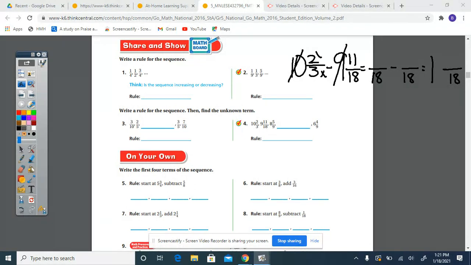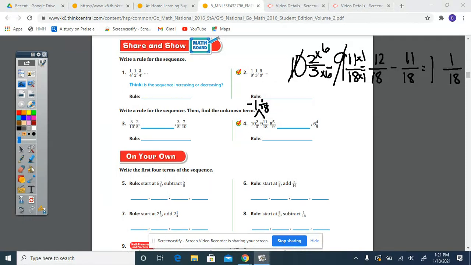And you're multiplying 3 times 6 to get 18, and 18 times 1 to keep it 18. Okay, 2 times 6 is 12, and 11 times 1 is 11. 12 minus 11 is 1. So it's safe to say between these two, you're subtracting 1 and 1/18.